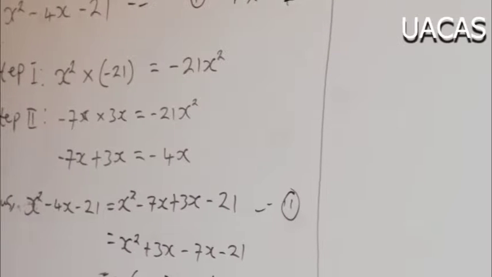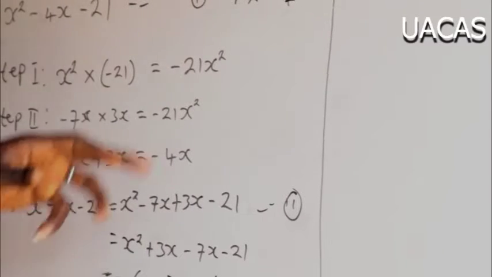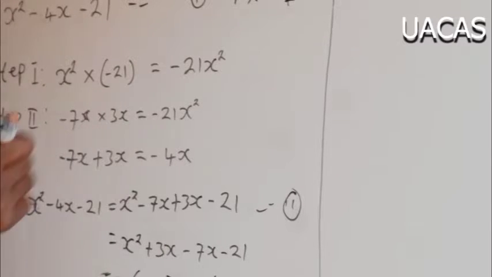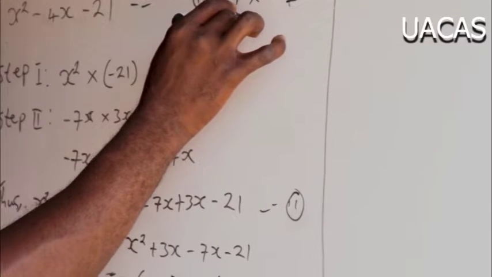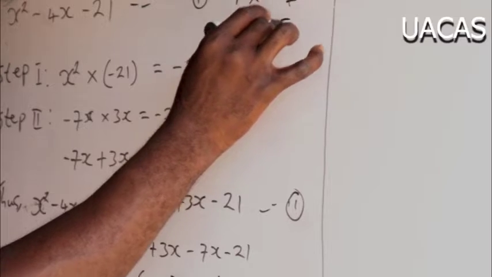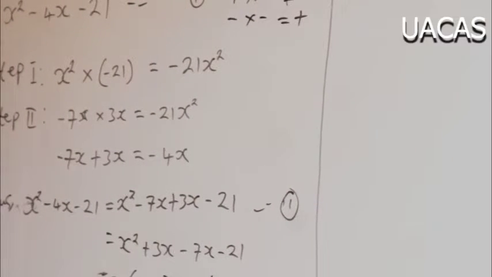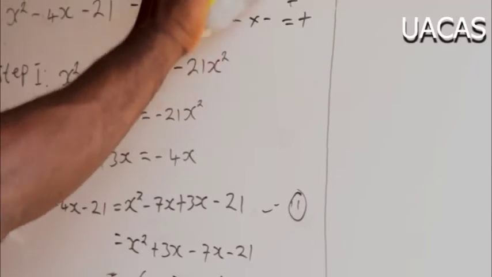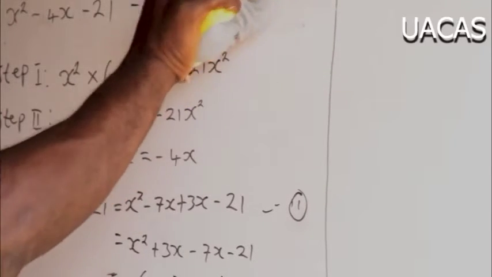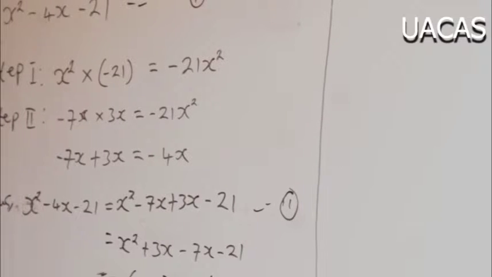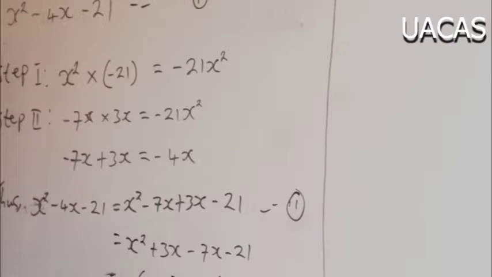So when a negative sign affects any positive sign, it changes that sign. And we also know that minus times minus is equal to what? Plus. We know this very well from our respective primary schools or even secondary school, as the case may be. Now this is what they want me to do.